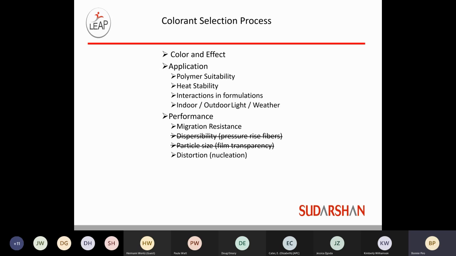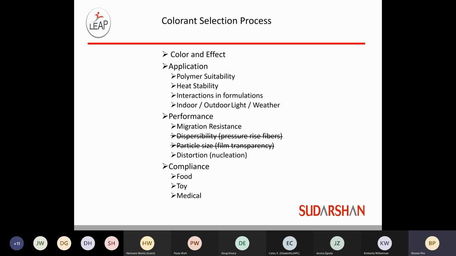I mentioned the potential migration resistance, how much is required there, as well as distortion or nucleation. For pigments, we typically want to make sure we understand the dispersibility and particle size with respect to pressure rise for fibers and film transparency. For solvent dyes, these are not applicable because they will be completely dissolved in the polymer, and there will not be any physical particles remaining to have an issue in these two areas.